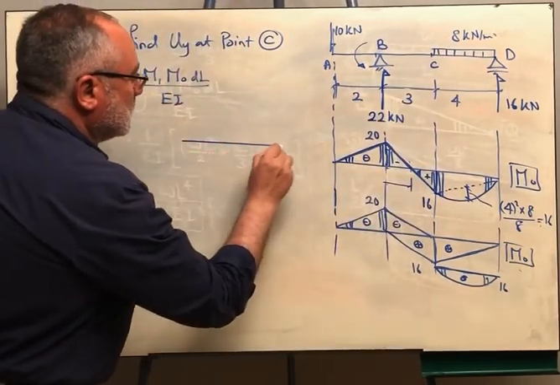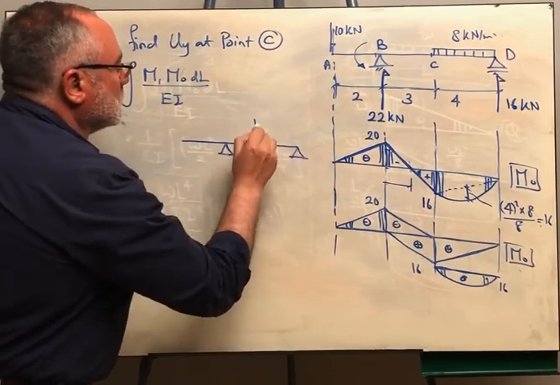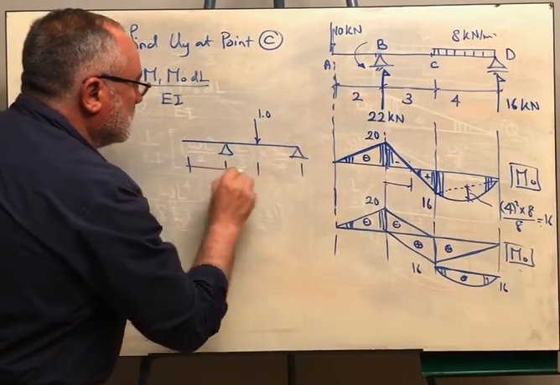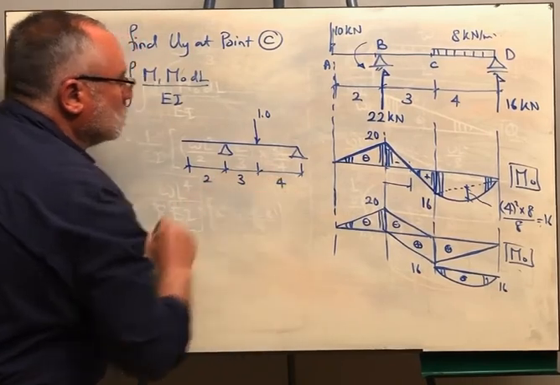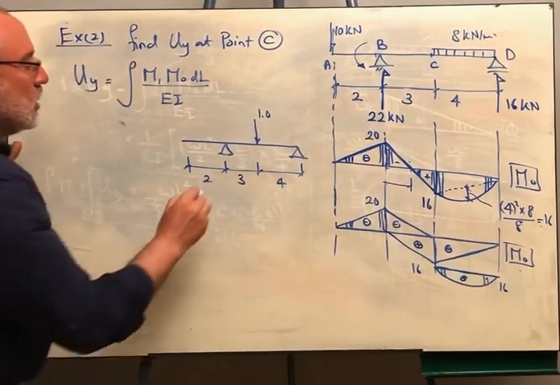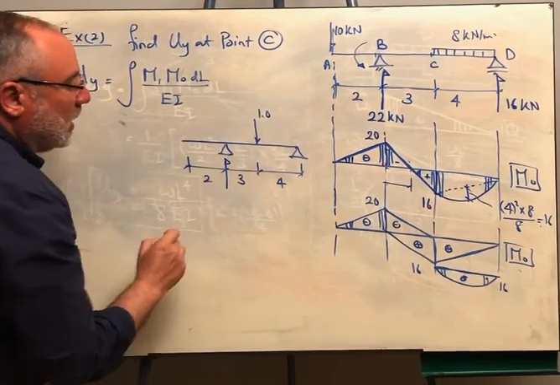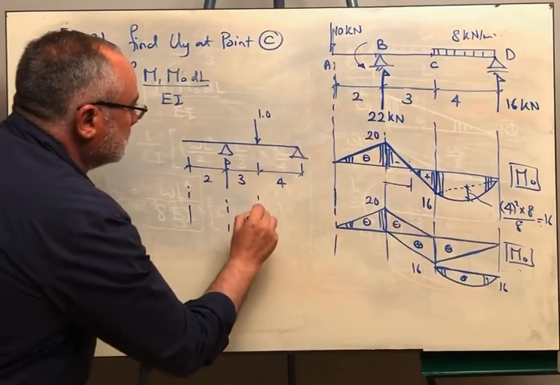So I will put here a unit load. This is 1, and this distance is 3, 2, and 4. I will get the reaction by taking moments about this point, and finally, I can draw the bending moment diagram.